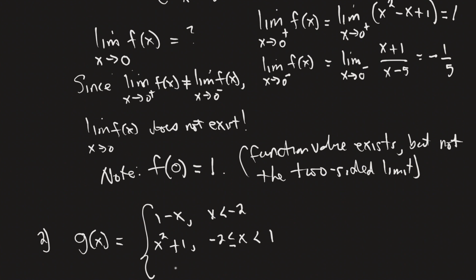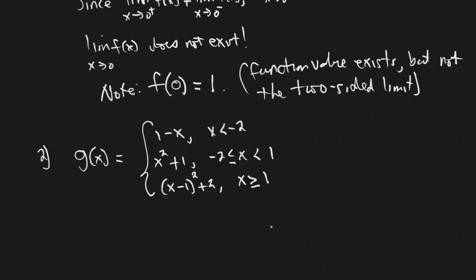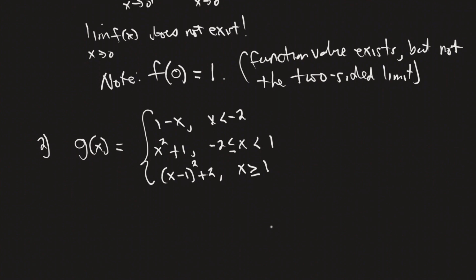And then let's say x minus 1 squared plus 2 when x is greater than or equal to 1. All right. So yeah, here we have one function that's piecewise, and here are the subsets of the domain.